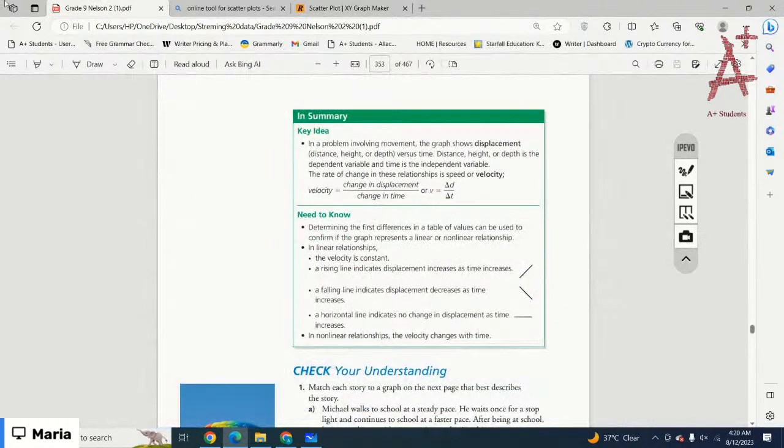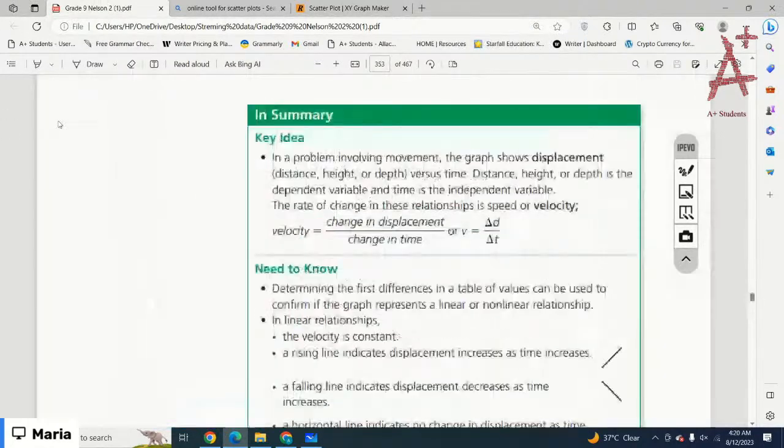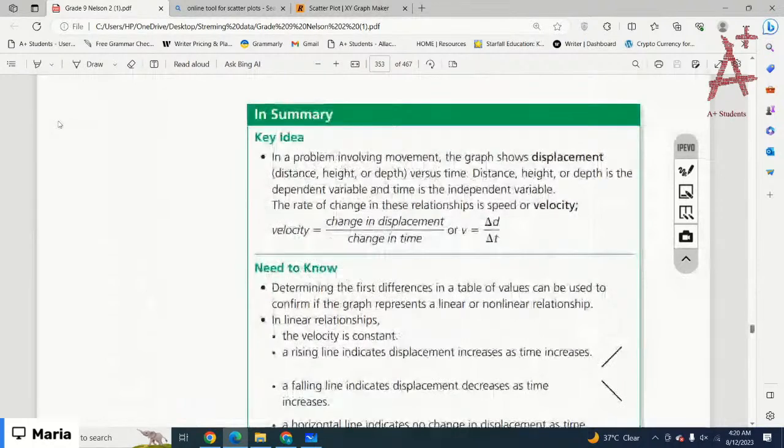Distance, height, or depth is the dependent variable, and time is the independent variable. So we can say the velocity is the change in displacement divided by time.